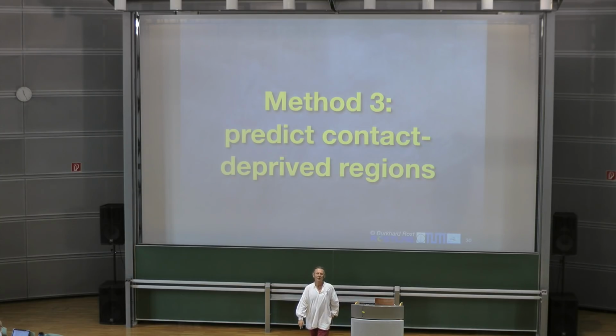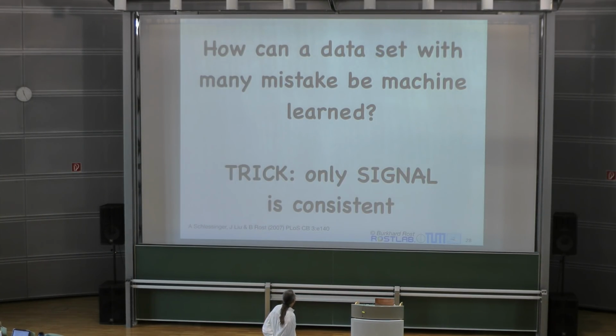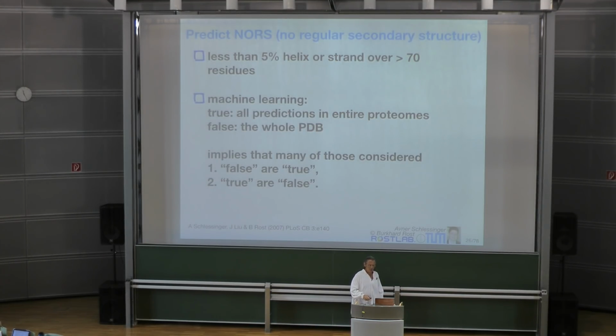So the only thing consistent is the signal. What signal do you need? The signal ultimately here is that in the data set of things that are 70 and longer, there is something that has to do with loopy disorder. There's some signal for how loopy disorder looks on the level of the sequence, in terms of its conservation, in terms of its solvent accessibility, and all of that. That is the consistent signal. They have something in common.